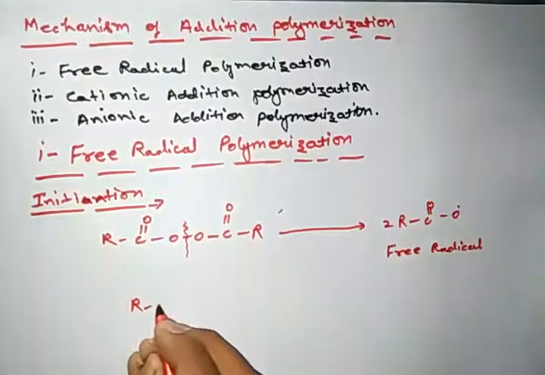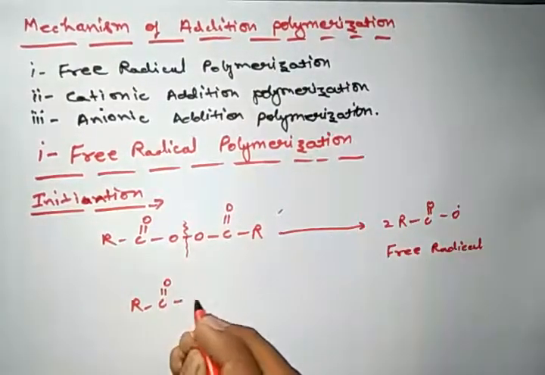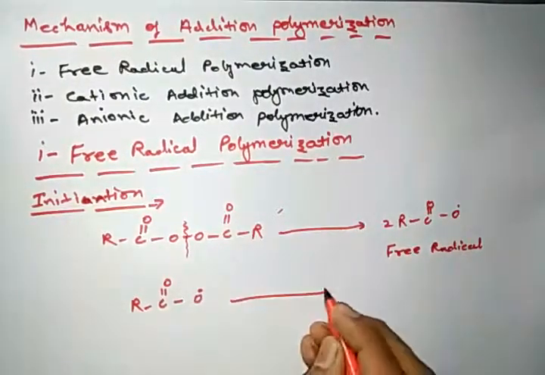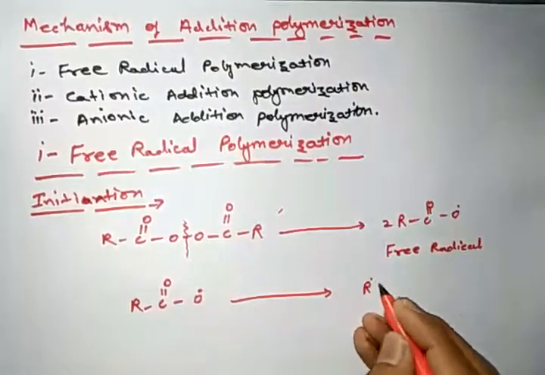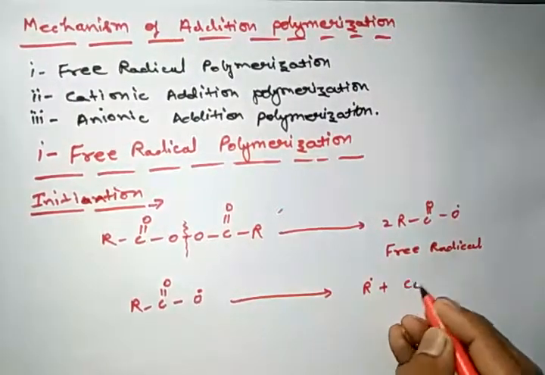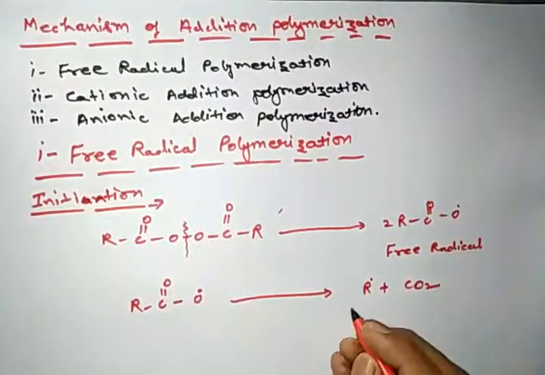Again, it is unstable, reacts, and CO2 is eliminated and a radical is obtained.